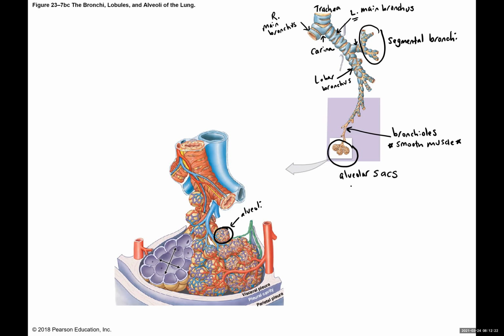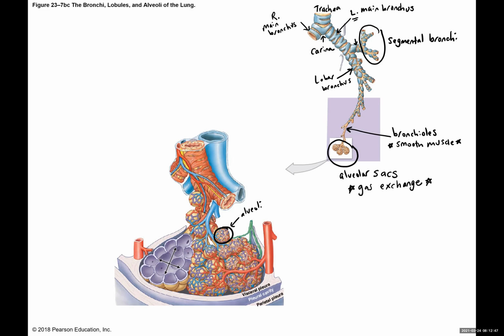The alveolar sacs, the alveoli, is the location for gas exchange. So the rest of this pathway through the trachea and the bronchial tree is pretty much what can be talked about as anatomic dead space, meaning it's just carrying the air down to this particular location.